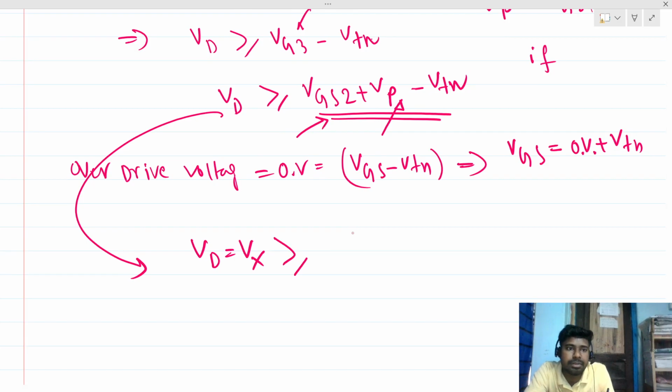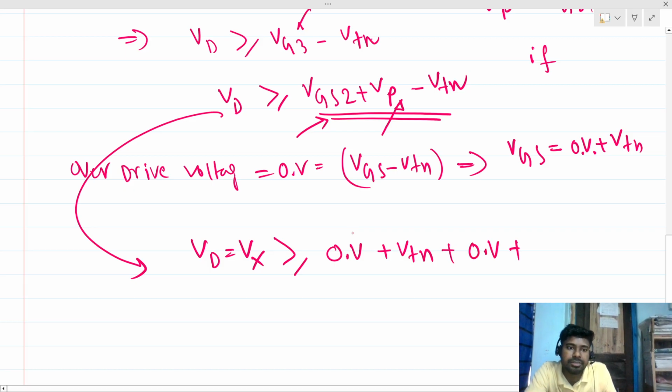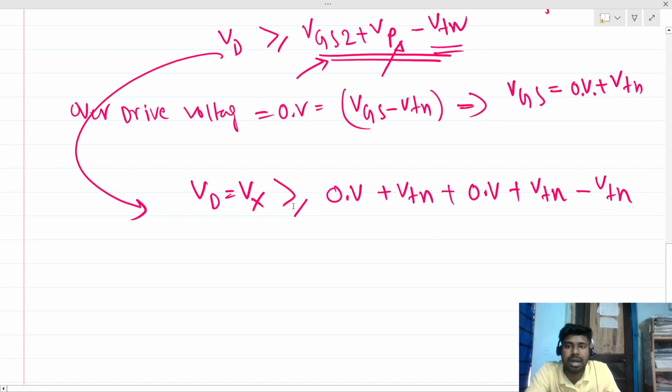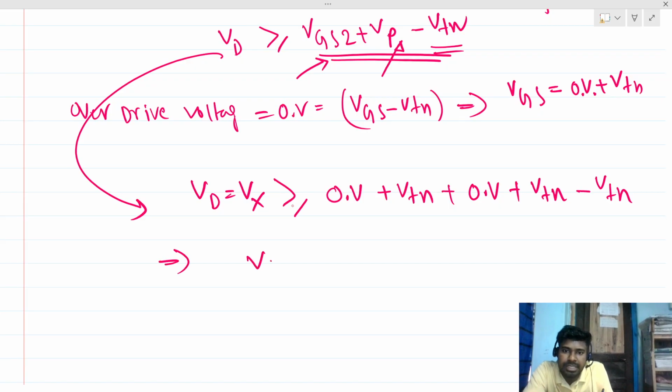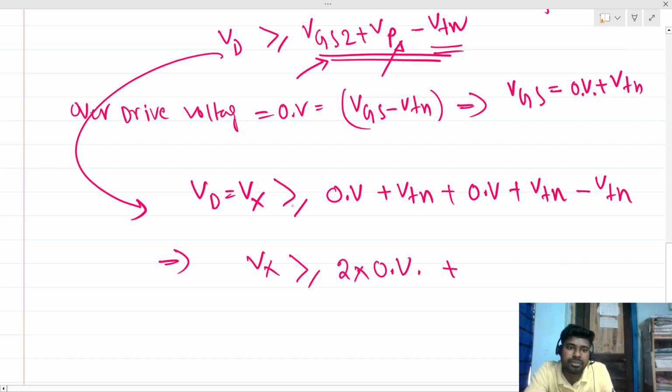This VGS2 can be written as overdrive plus VTN, and this VGS1 can be written as overdrive plus VTN, and there was a minus VTN. Now we can see that Vx must be greater than 2 times the overdrive voltage plus VTN, right? So this is the final expression.